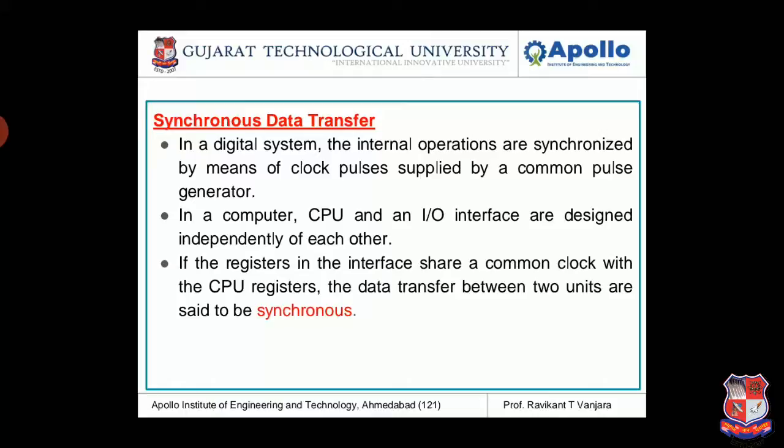But we know that data transfer in a computer, that is between the CPU and input output, is asynchronous. The meaning of asynchronous is that both units, that is the CPU and the input output unit, are independent of each other. Let us take an example. Suppose we want to print some document, we directly give the print command to the CPU.